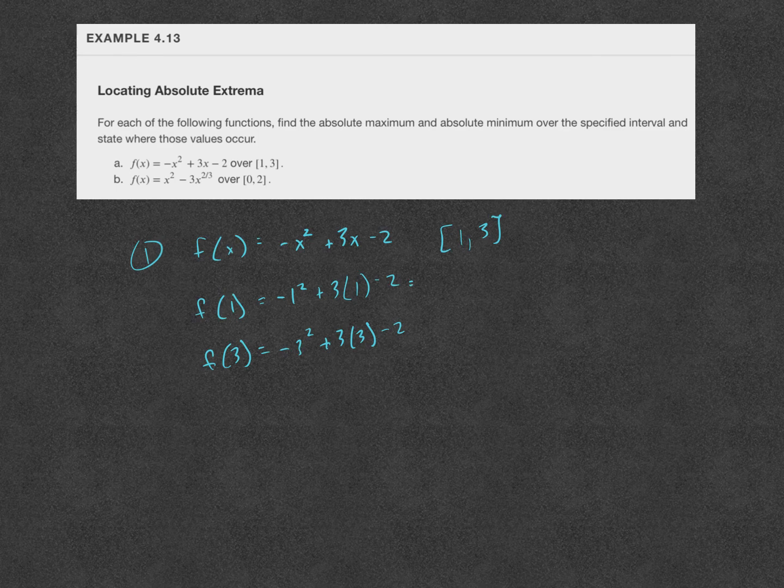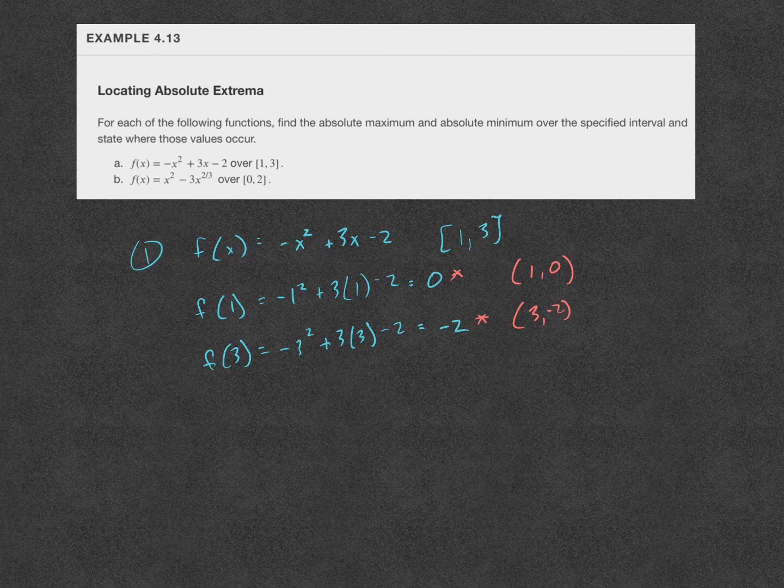When you substitute in 1, you get 0. When you substitute in 3, you get -2. I'm going to star those because I need to look back at them when I'm done with the next step. Maybe I'll write them as coordinates: 1, 0 and 3, -2. You don't have to, but maybe it'll be helpful.